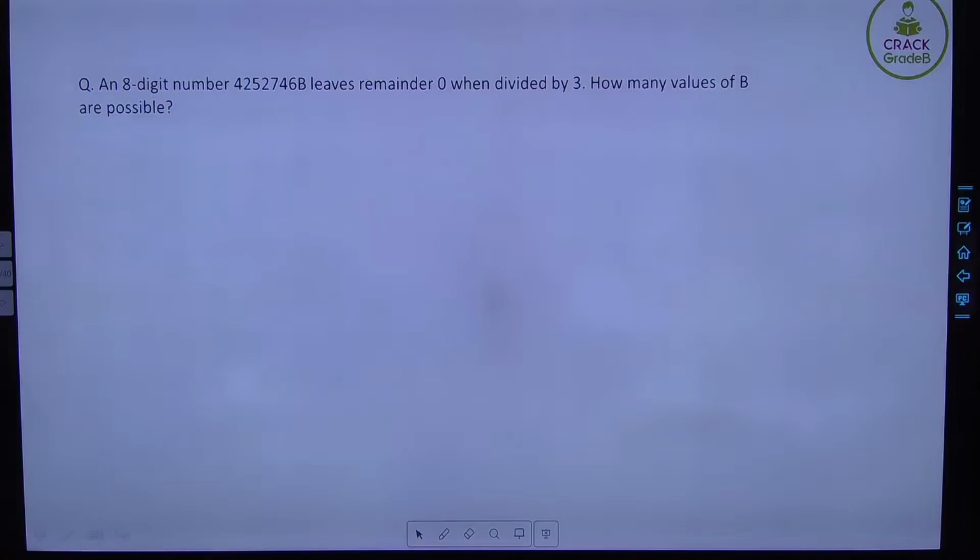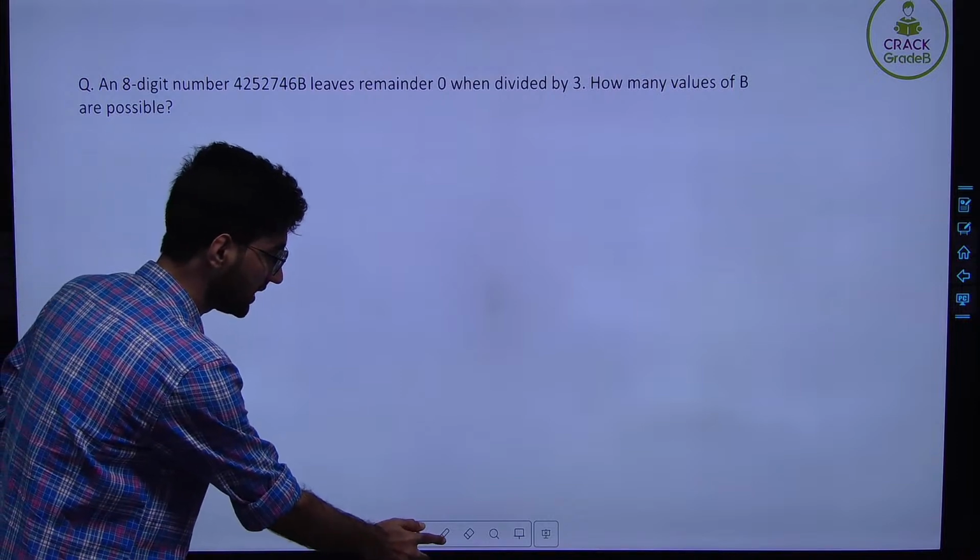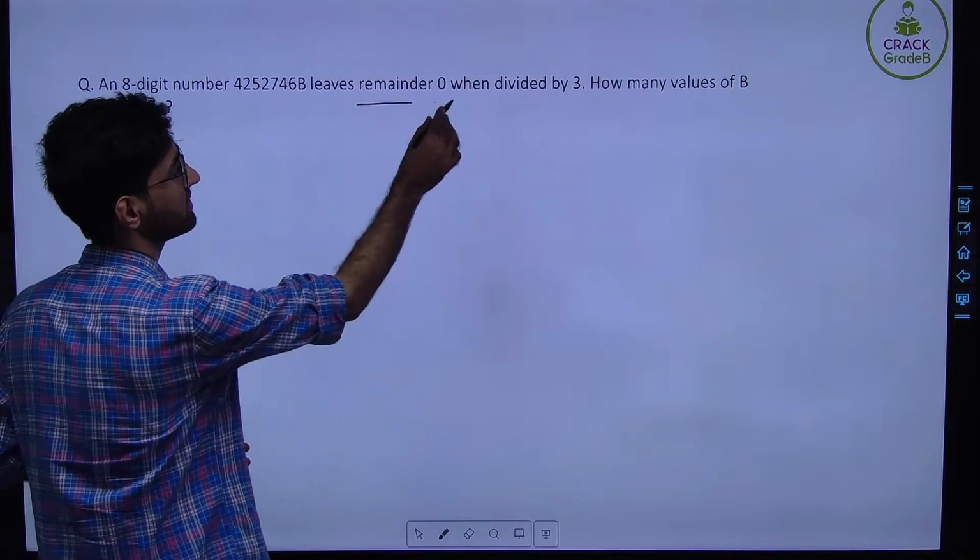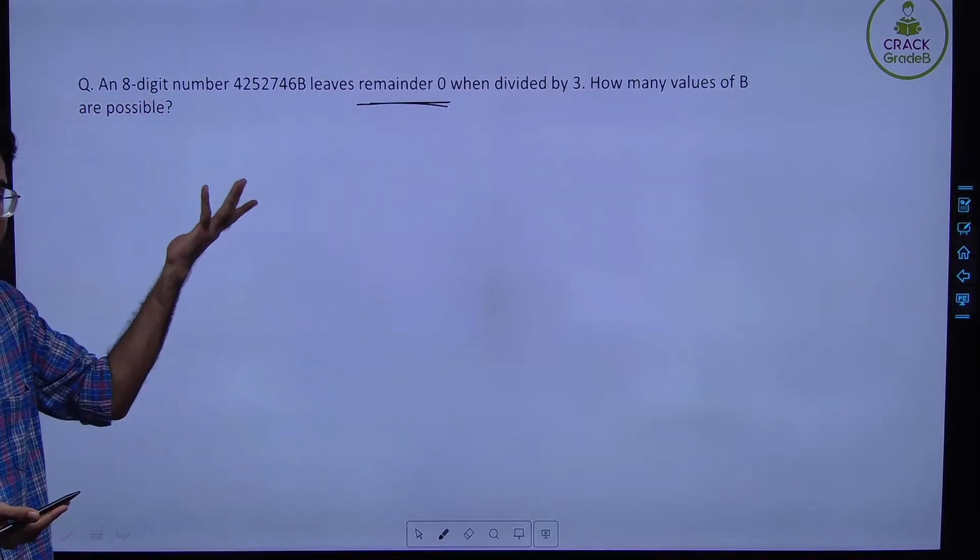Now try to answer this question. This question has been asked in CSAT. See, it has been mentioned again, an 8-digit number leaves remainder 0, which means what? Again, that this number is divisible by 3.